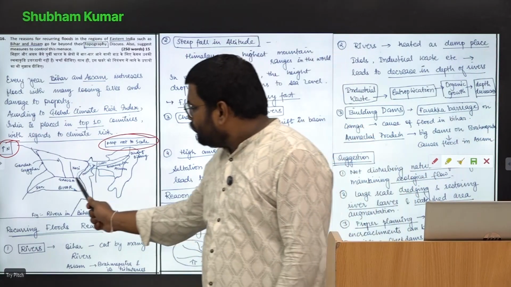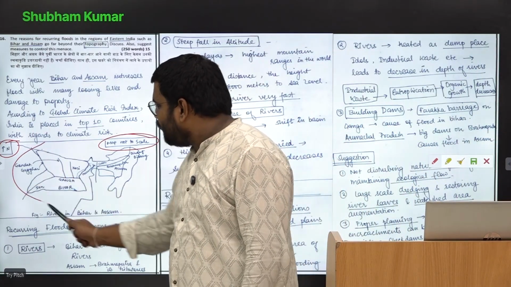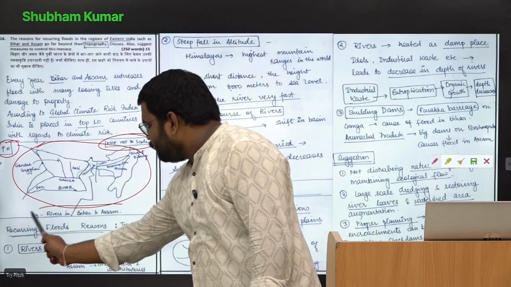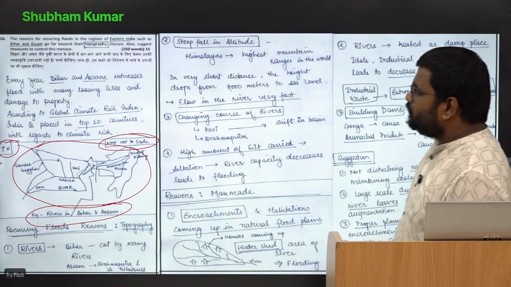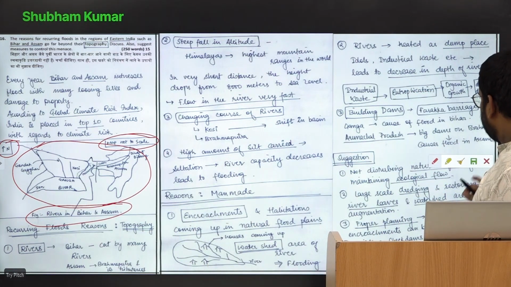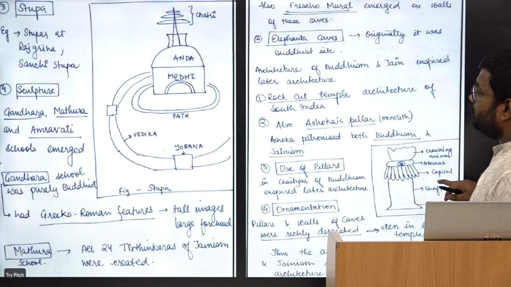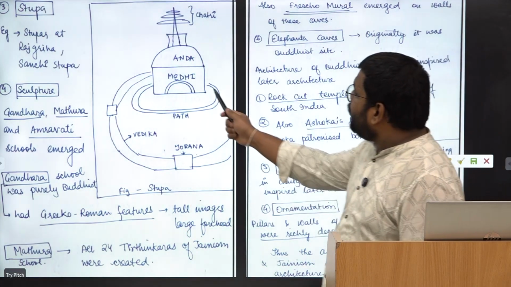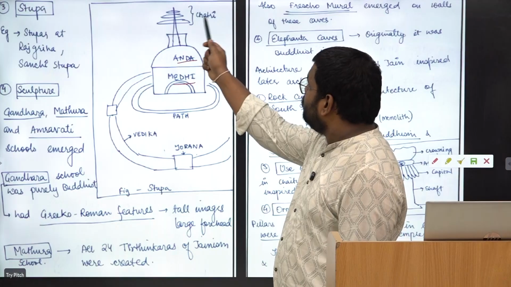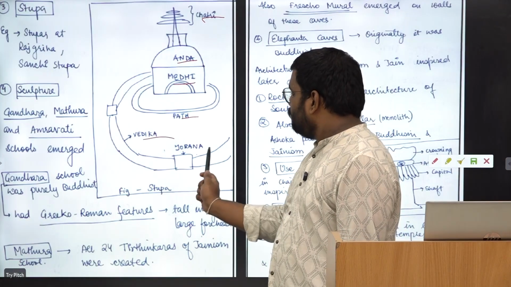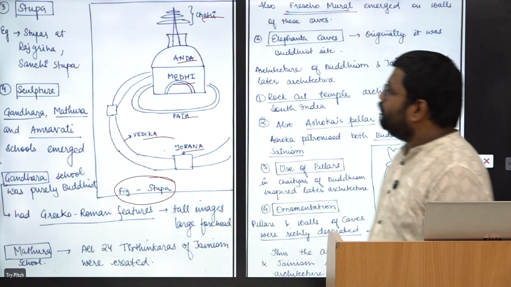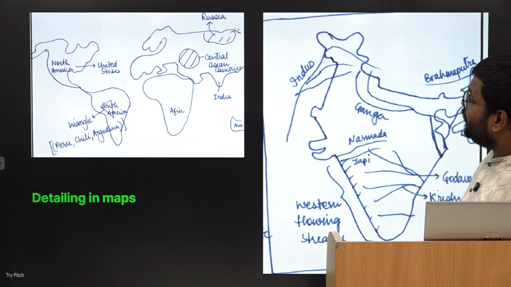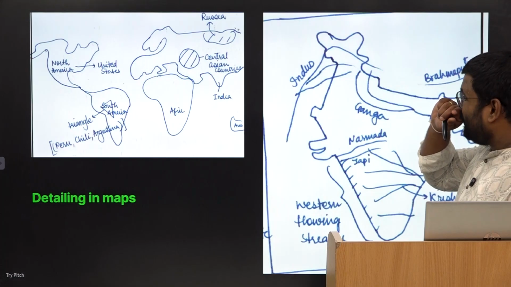And again, the level of precision that he had brought into his answers, and the naming of it. Similarly, here also, each and every part has been properly named. This level of detailing is required in your maps.